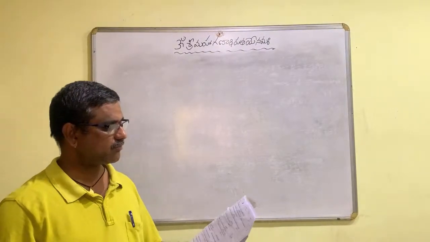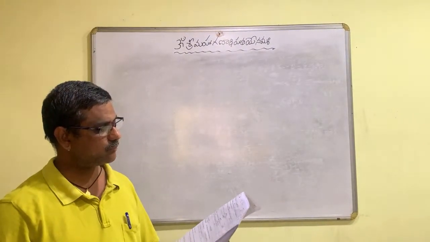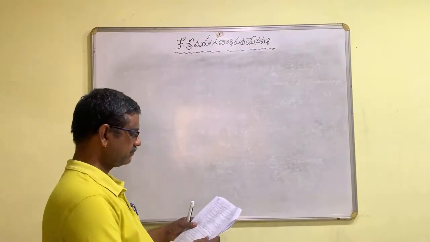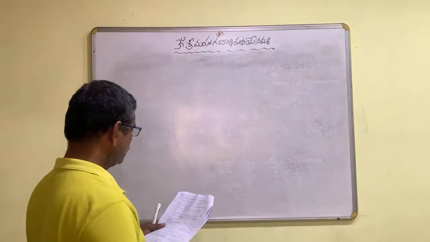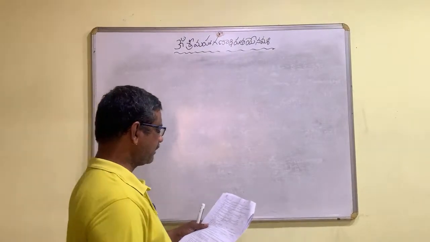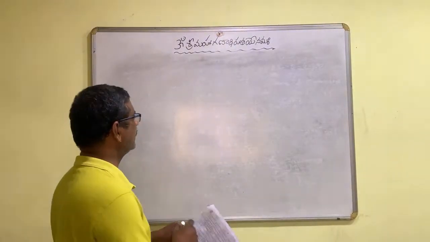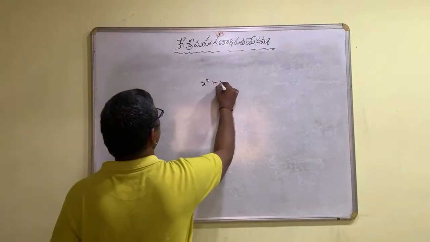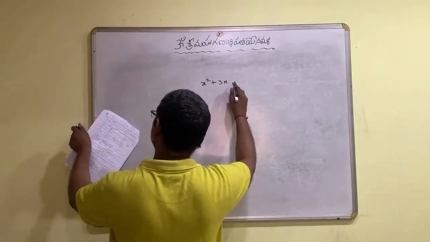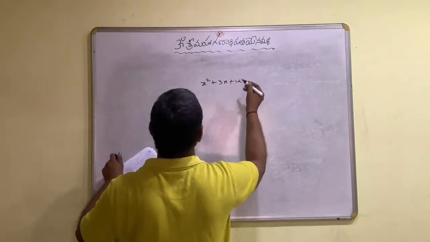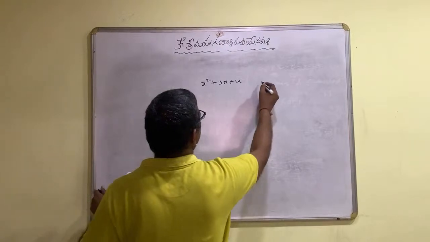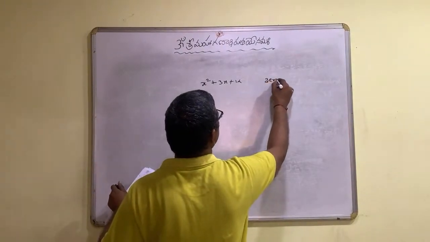One of the zeros of the quadratic polynomial x square plus 3x plus k is 2.